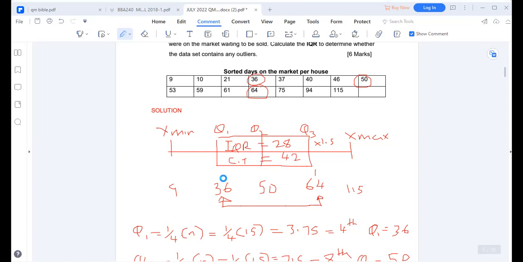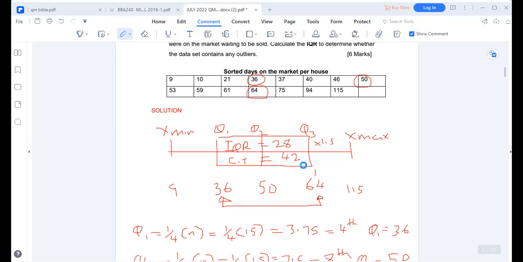So 64 plus 42 will give us 106. Already you can see 115 is outside 106, so that is an outlier. All right, so 1.5 is standard. We multiplied it by the 28. It gave us 42.